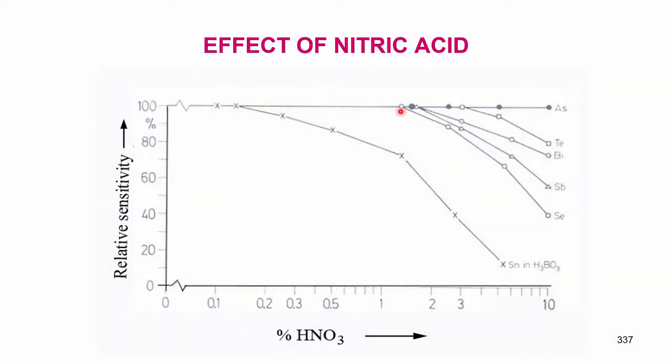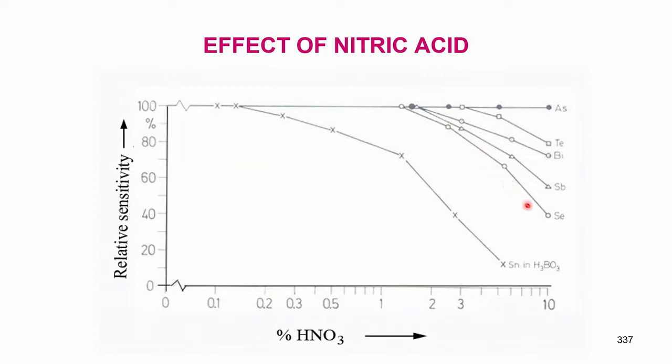You can see that selenium is slightly more acid tolerant, up to 1.5%. I have drawn a log scale here in percent HNO3, whereas this is a relative sensitivity, a transmittance. With selenium, up to almost 1%, I do not have a problem, but the moment the acid percentage increases in the sample, it decreases to around 90% at 2.5% acid.